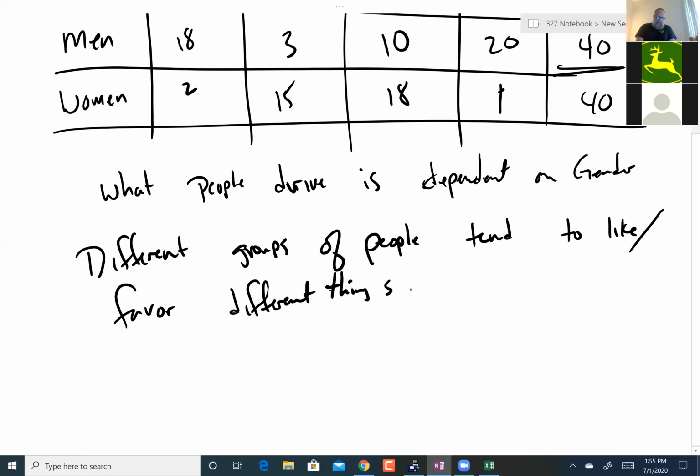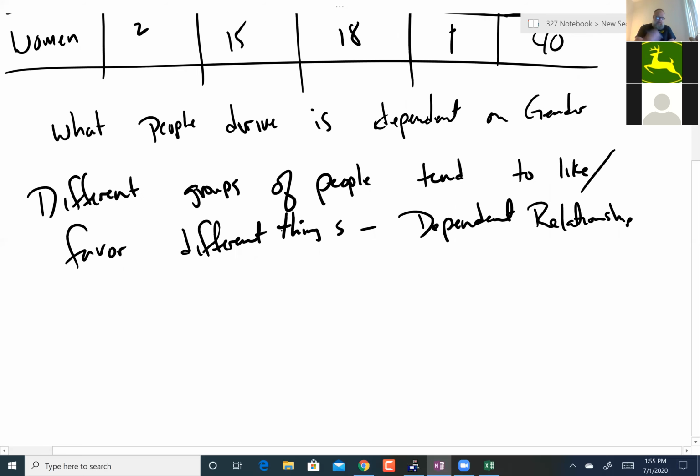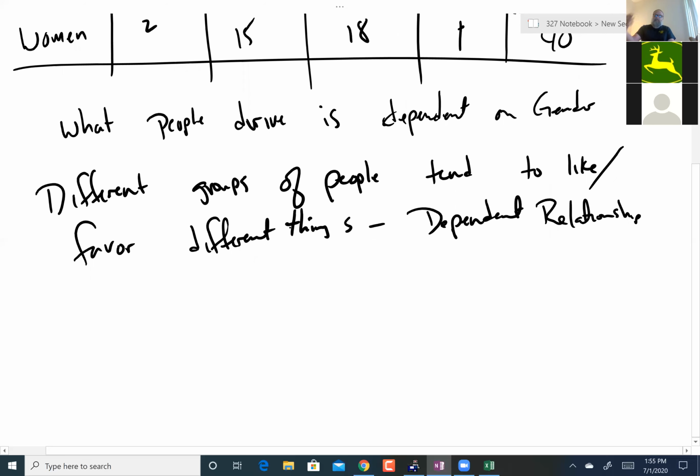Okay, this is a dependent relationship in probability and statistics. It's dependent. It's not causal. It's not that one causes the other, but one tends to go with the other.